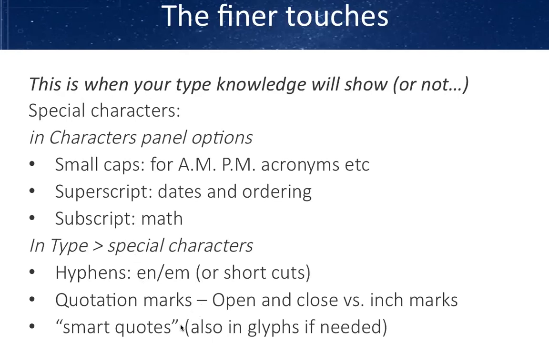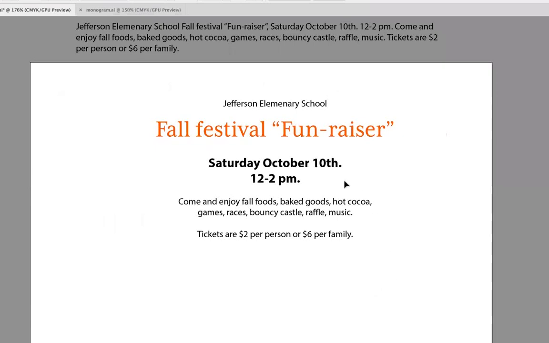And there's a setting called smart quotes that can really help you have it all happen automatically. But you can also find these quotation marks in the glyphs if you need to. So let's take a look at how these work and function, and we're going to use our invitation here to demonstrate some of these.